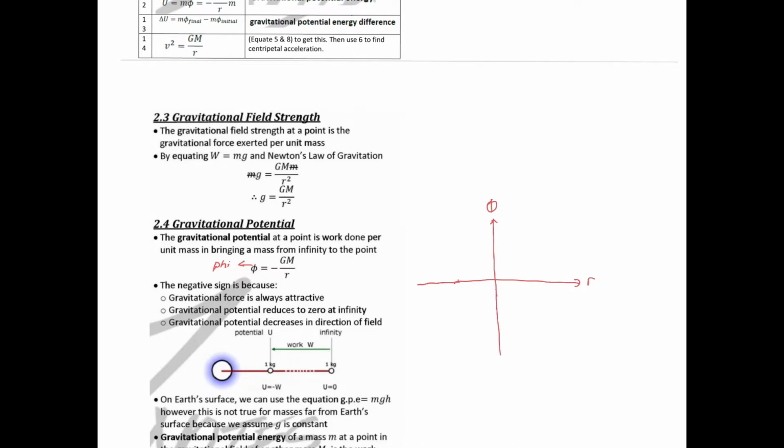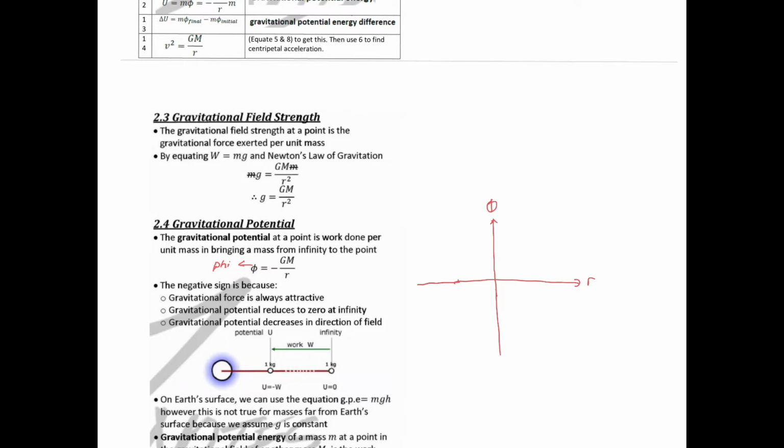In this situation, you have to use your mathematics knowledge. First, this is a reciprocal graph, because r stays at the denominator. So the graph looks like this.